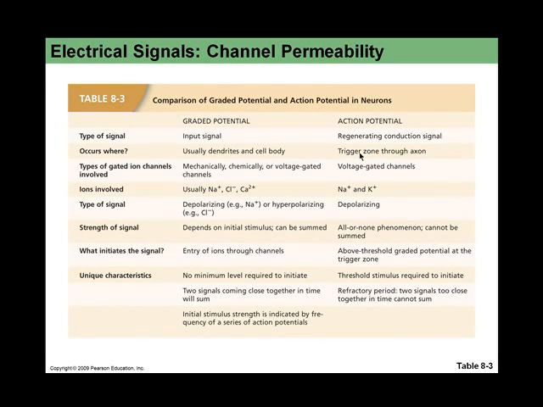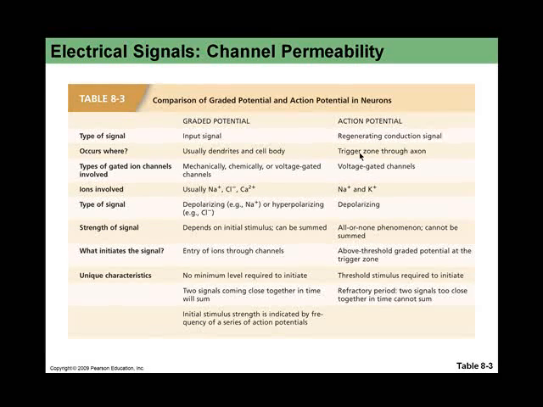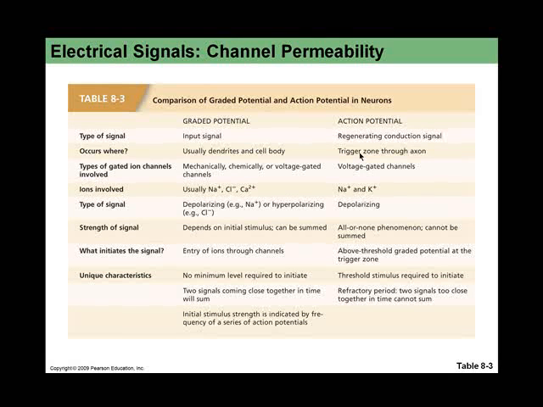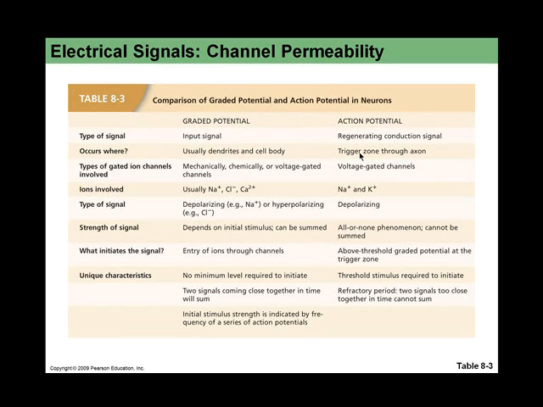So again, I get this concern about these highly reduced illustrations that are showing like one sodium channel. Think of the trigger zone as a cone-shaped membrane structure, the end of the neuron and the beginning of the axon, and you have a high density, a population of voltage-gated sodium channels. And you must ask yourself, at any one point in time, what is the state of each and every one of those?